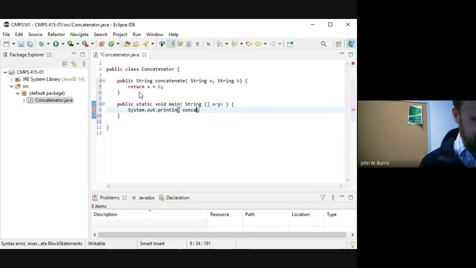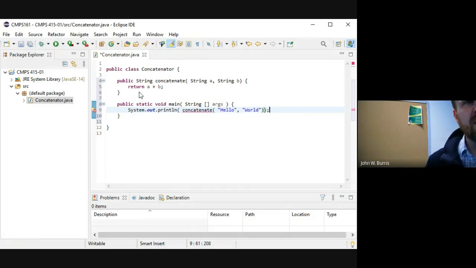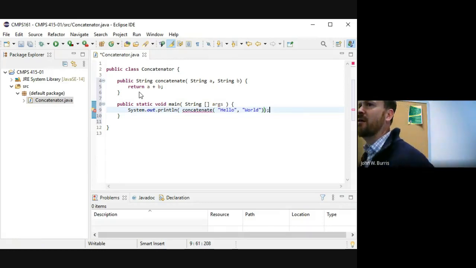Concatenate "hello," and then "world." Right? I would do something like this. And I think I spelled it right, it's got a little error in there. I don't know for sure, but I'm betting the error says something about the word static.